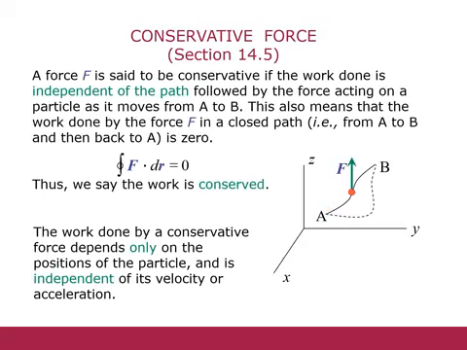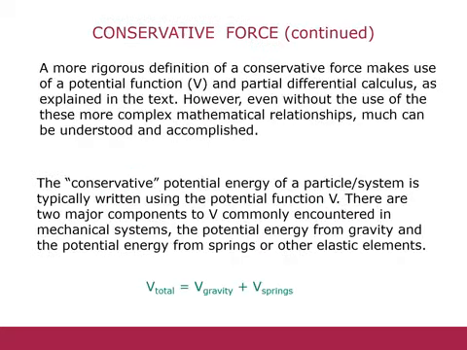The work done by a conservative force can be stored in the form of potential energy, and it can be represented by the potential function V. We have two kinds of potential energy: gravitational potential energy and elastic potential energy.